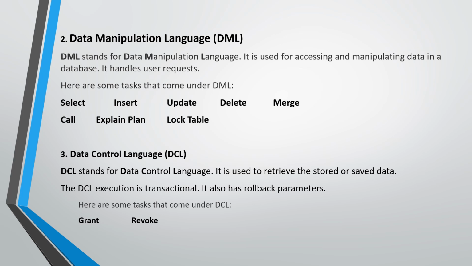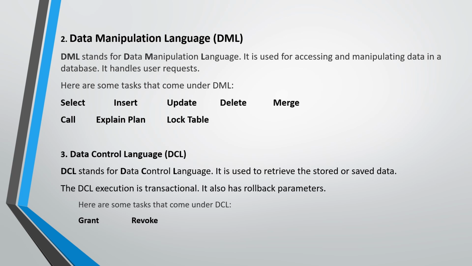Merge performs the upsert operation, that means insert or update. Call is used to call a structured query language or a subprogram. Explain plan describes the access plan for the data. The last one, lock table, controls concurrency, that is simultaneous access. These are the different DML commands in databases.